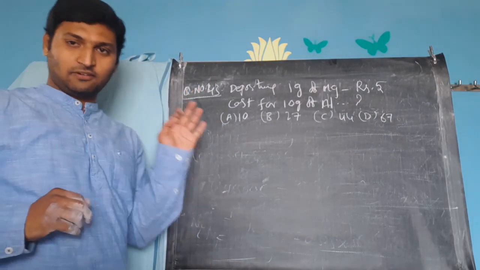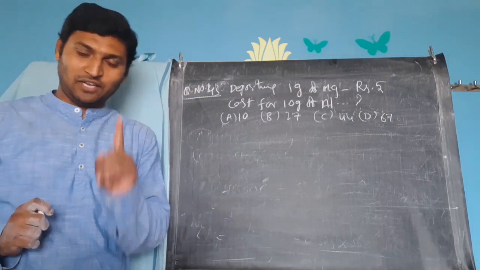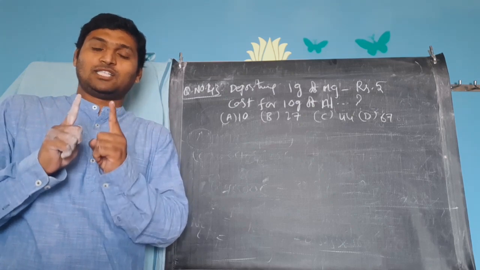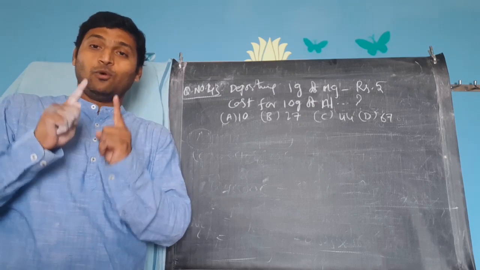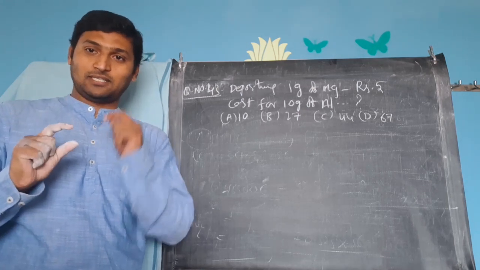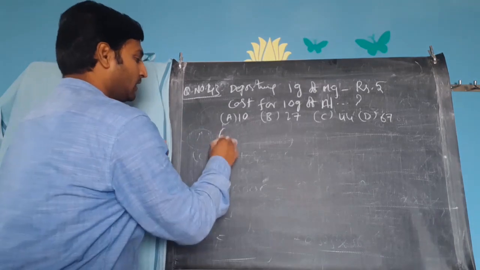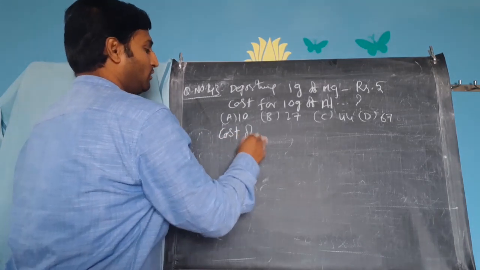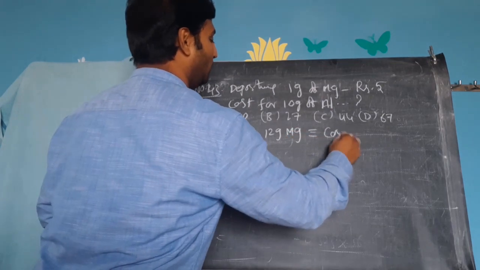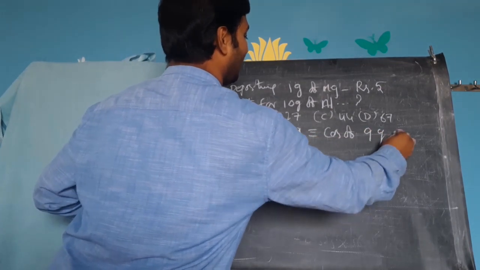Again the question is based on Faraday's laws only. You know very well the ratio of masses of substances deposited will be equal to the ratio of their equivalent masses. So please understand, the cost of depositing 12 grams of magnesium will be equivalent to the cost of depositing 9 grams of aluminium.